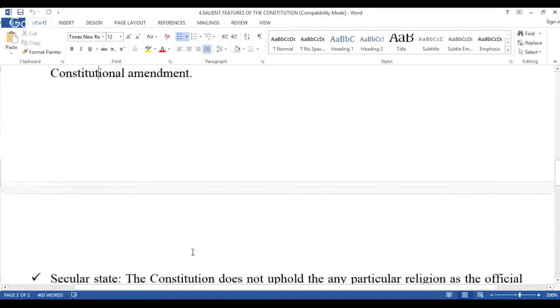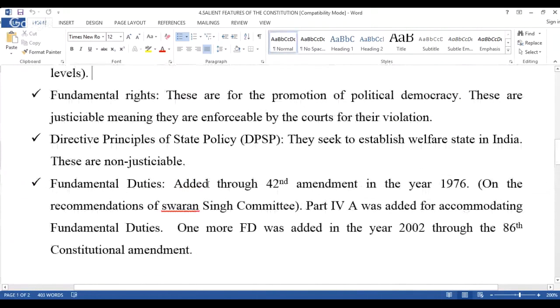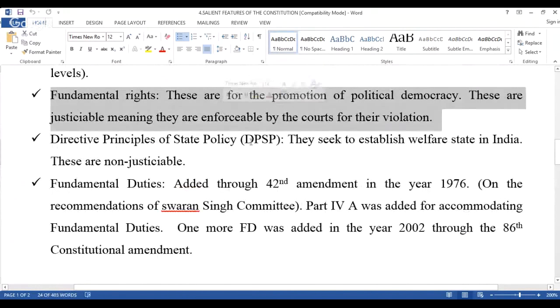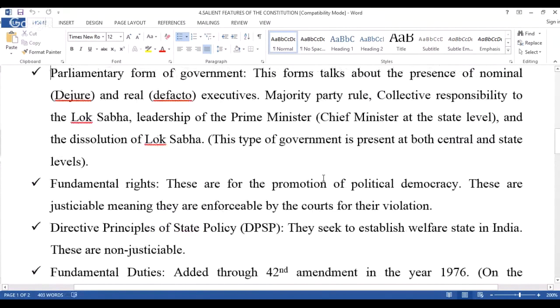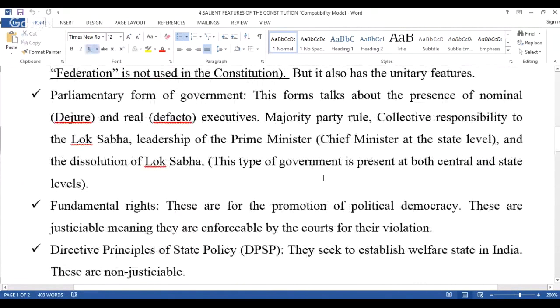Next, look at this. Yeah, please have a look at this. It is a majority party rule, collective responsibility to the Lok Sabha, leadership of the Prime Minister at the central level, leadership of the Chief Minister at the state level.